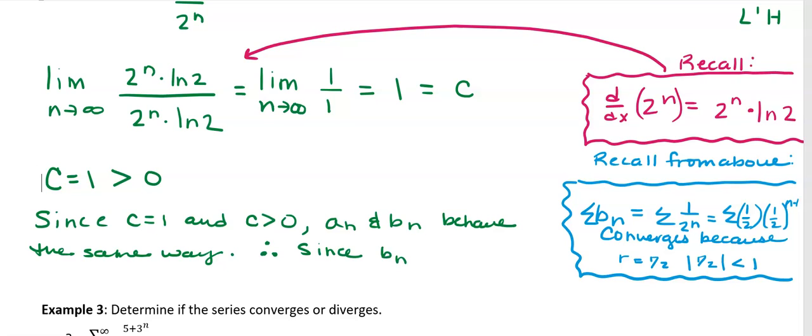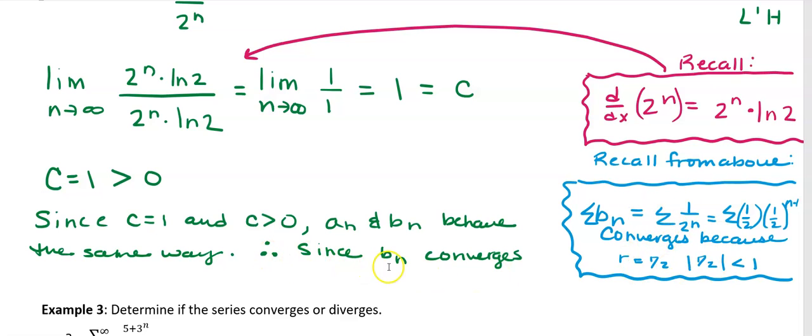and again, I want to remind you, we did that above. We determined that B sub n, which was this form 1 over 2 to the nth power, which we wrote as a geometric form, saw that the absolute value of the r value was less than 1, and we saw that that converges.